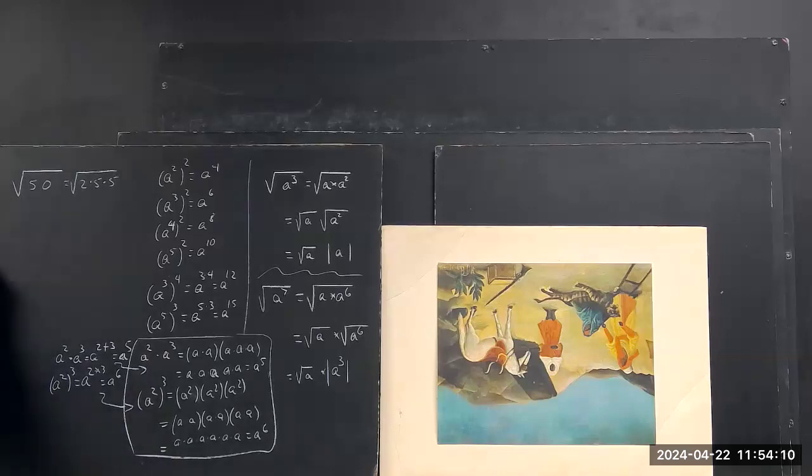Now, prime factorization of 50, we start out writing 50. We divide 50 by the smallest number we can, which is 2.